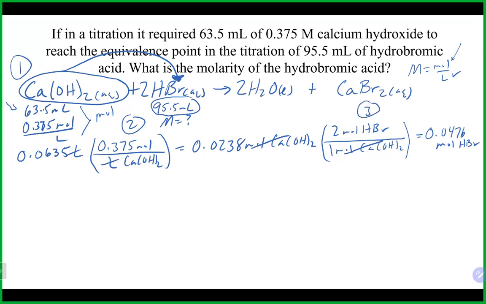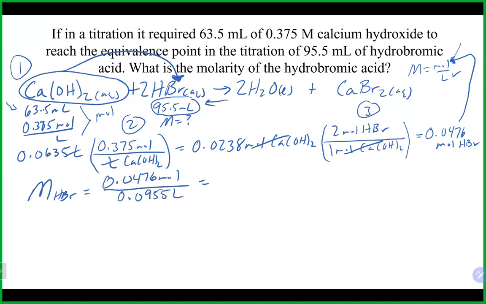This again is still our equation: convert to moles, mole to mole relationship. So again, the same 3 steps as all the stoichiometry problems we've done. The difference here though is we now have the moles part that we needed, and we already have the liters, so we're good to go to figure out the molarity of our HBr. It would be the moles we just calculated, divided by our volume, which again, we do need to convert to liters, so we need to divide it by 1,000, 0.0955 liters.